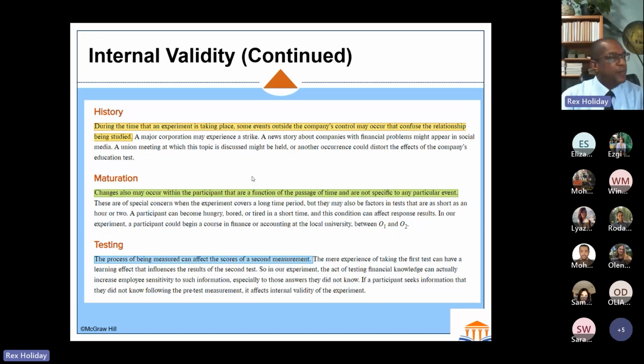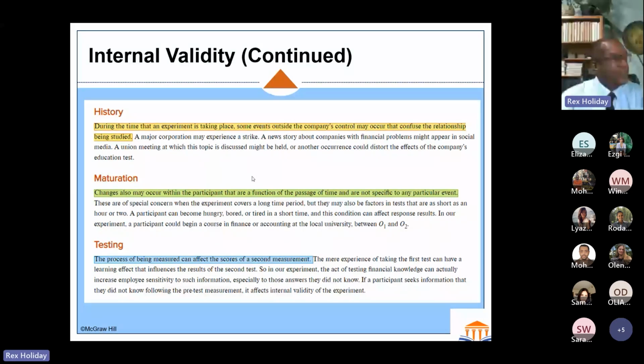Okay, so maturation. Changes also may occur within the participant that are a function of the passage of time and are not specific to any particular event. That's important, right?